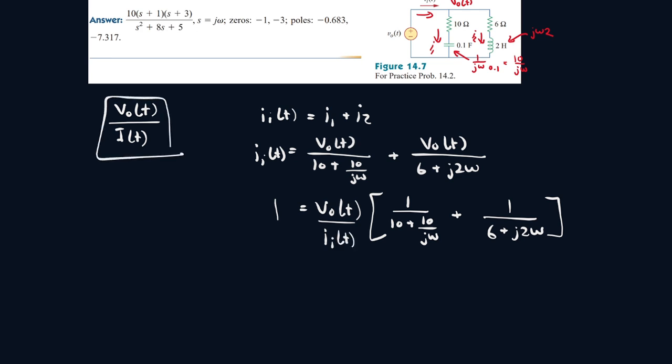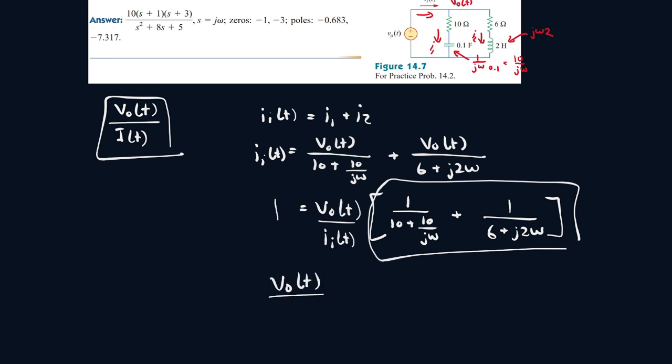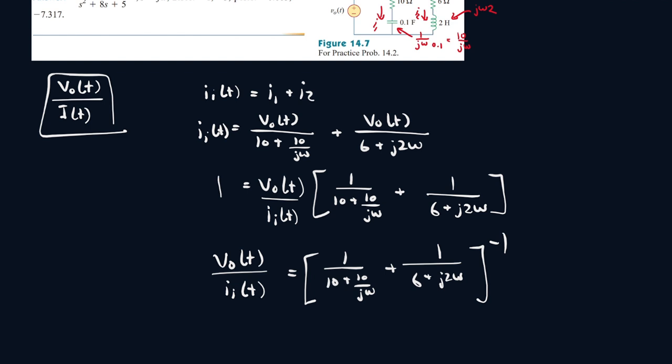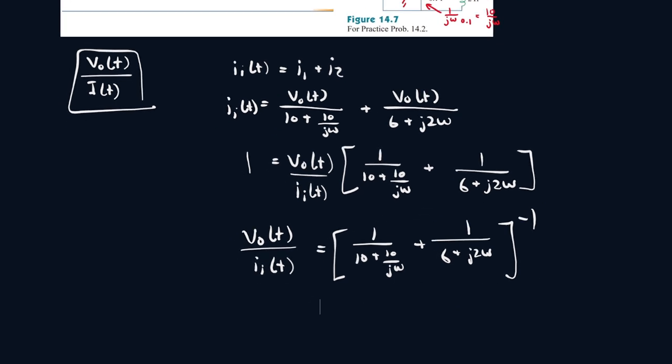So this part is in this format, but we need to bring this to the other side. So if we divide all of this over here, then we see the following is true. Okay, so this is just 1 all over all of this. So now we have the following in this format.